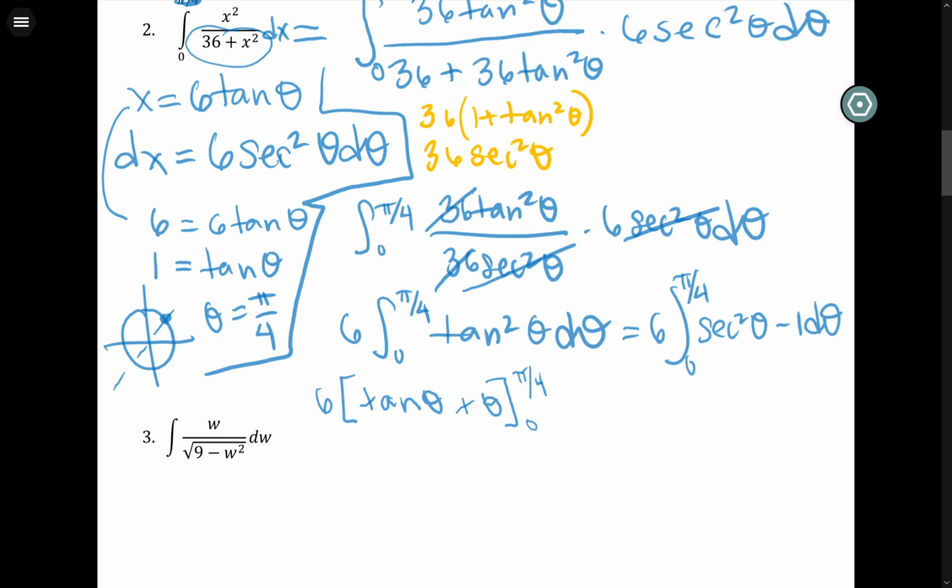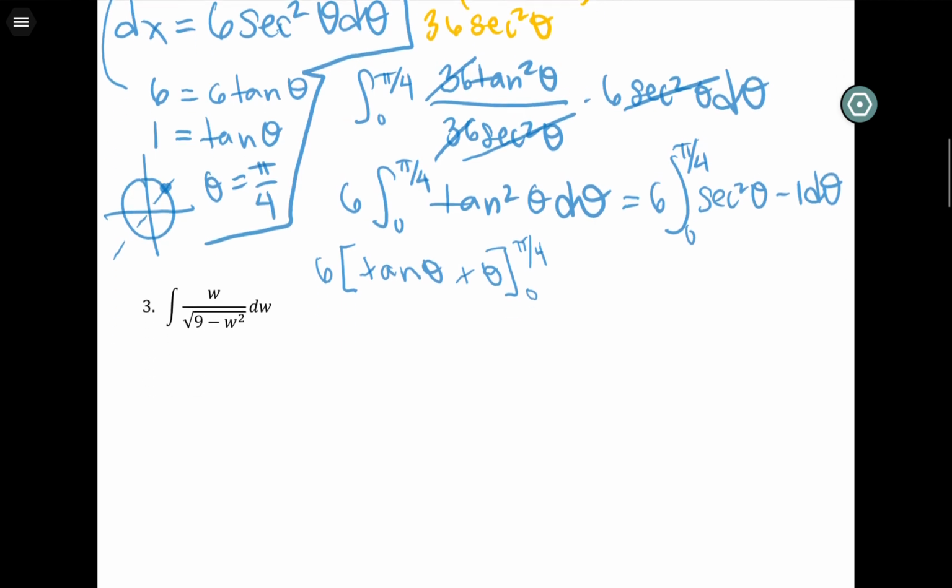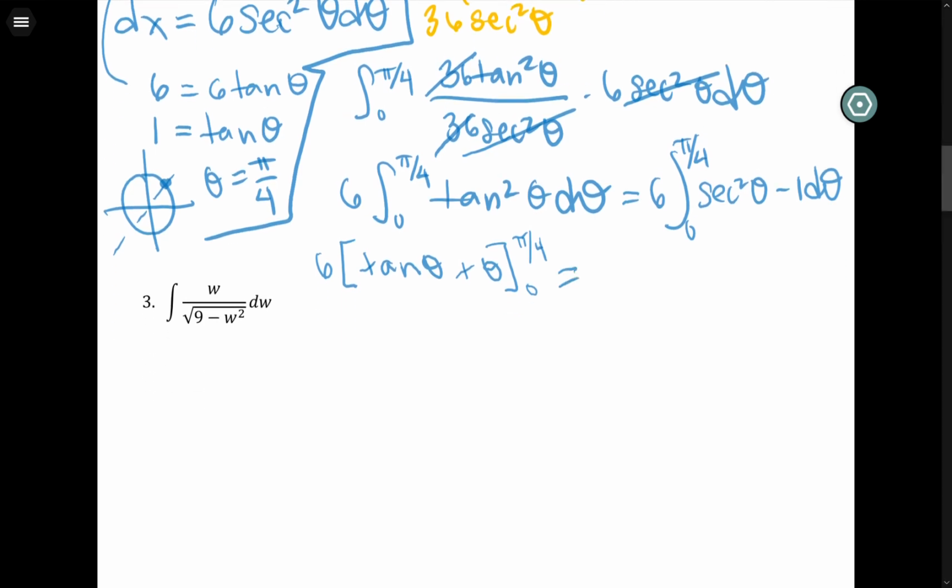And then since we have changed our limits of integration to be thetas, we don't actually have to draw triangles and switch back to x's, although in this case it's pretty easy to switch back to x's. Sometimes that's easier than others. But we can just go straight to plugging in. So we get 6 tangent theta. Tangent of pi over 4 is 1, plus 6 theta.